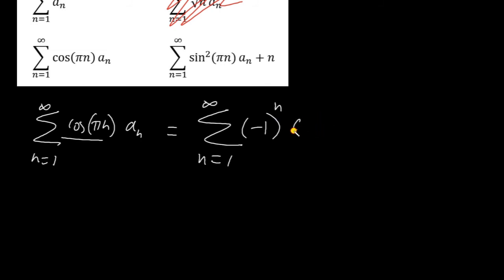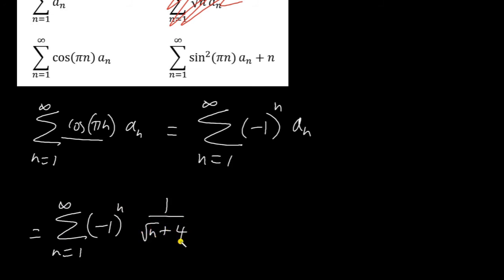That looks good. So this series is -1 to the n times 1 over square root of n plus 4.